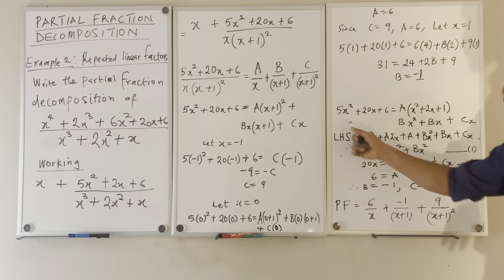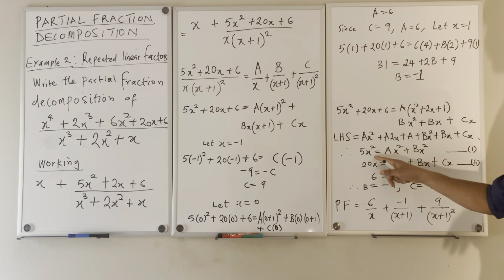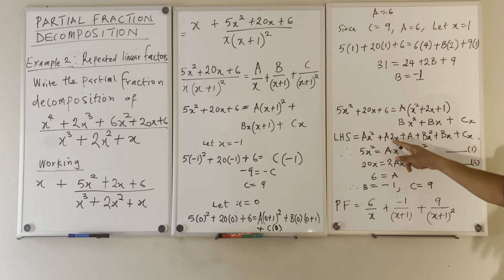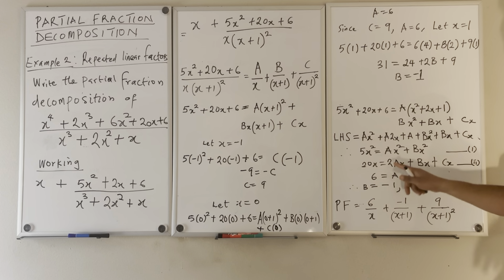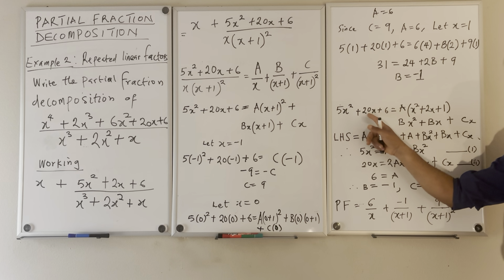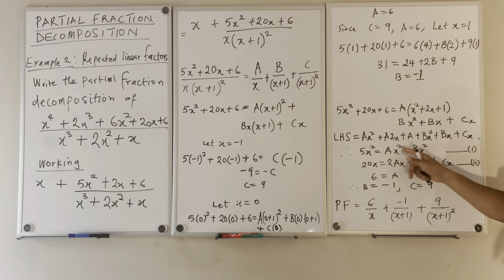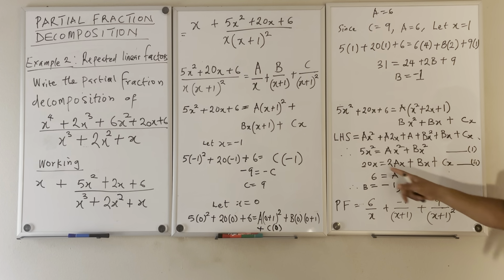So for 5x squared, look for terms that have coefficients with x squared in them, and equate them with 5x squared. Look for the terms for 20x here, the coefficients of x, and equate them with 20x. For reference purposes, I'll call this equation 1, and this equation 2.